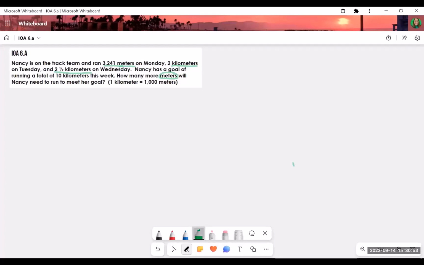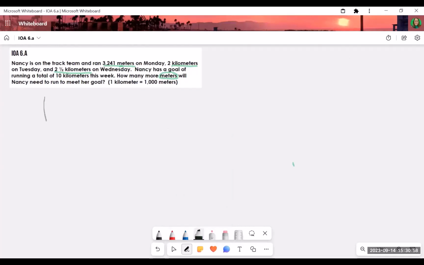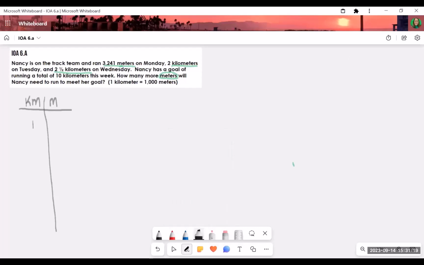So let me start by drawing my 2-column table. And I'm going to put kilometers on the left-hand side and meters on the right-hand side. So now I'm going to fill in for what I know. I know that 1 kilometer is 1,000 meters because that was what was given to me in my problem.